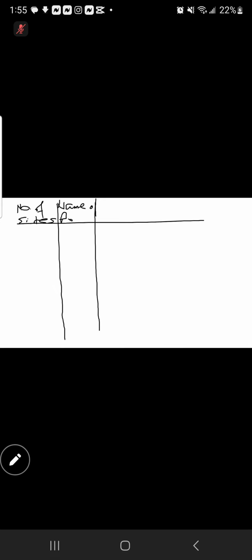I don't want to make this column too big because I need a bigger column for the other side, but I'm going to make this a little bigger to get it to hold. So the number of sides goes here.